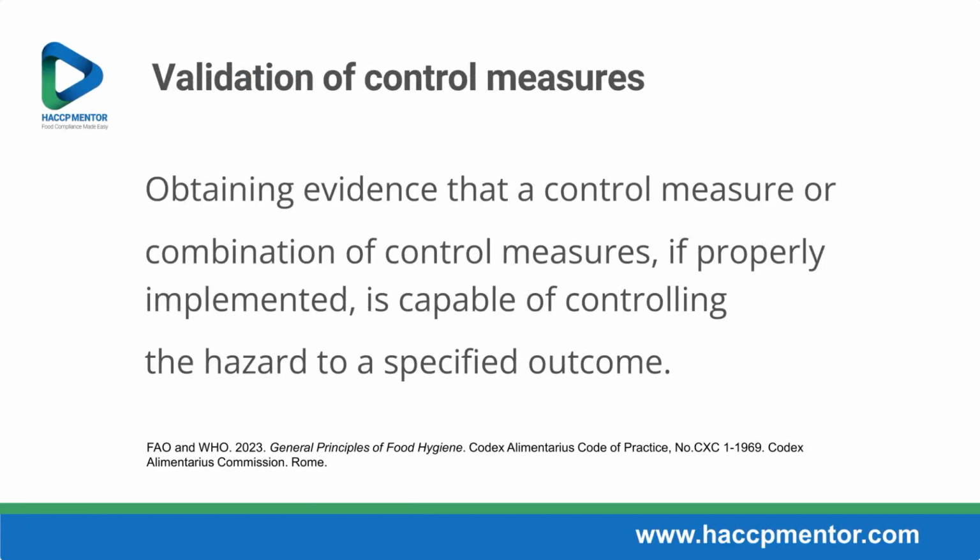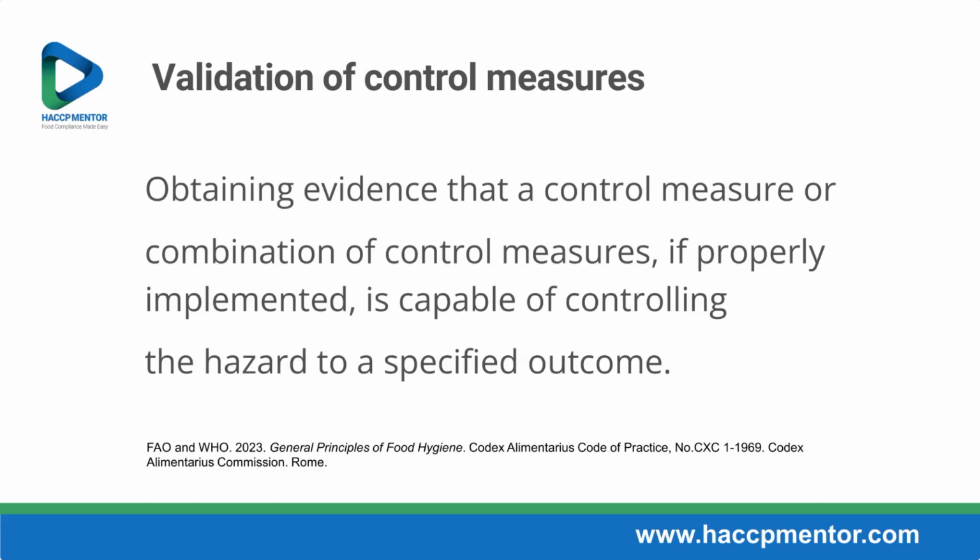So the first definition comes from, let's say it's Codex HACCP, and it's directly from the Codex General Principles of Food Hygiene, the 2023 edition. So for those of you who don't know, this has just been recently released, this actual edition. So you can download it directly from the Codex website, or you can have a look on my website.